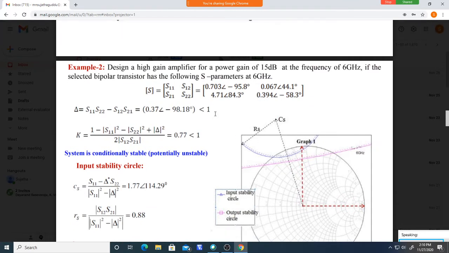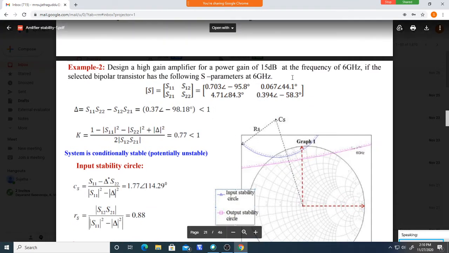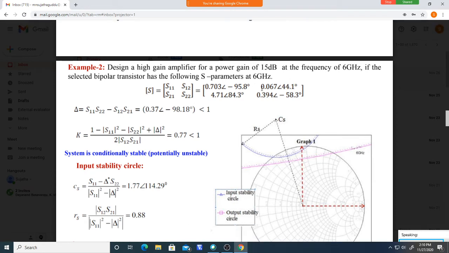We should do the unilateral figure of merit, because if it is not unilateral, then there may be an error if you use the unilateral design equations. Whatever equations have been given till now are for a unilateral device. But in this problem, this is not unilateral, so automatically we cannot use those unilateral design equations.